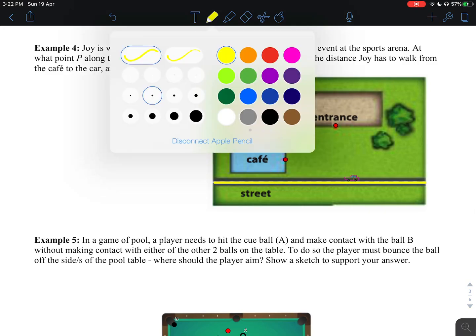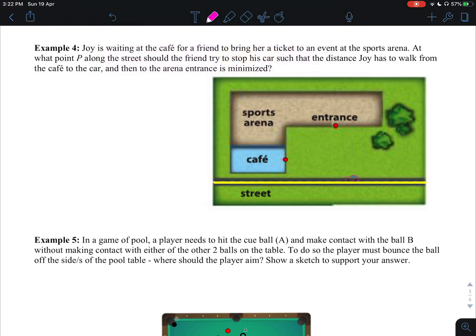I'm going to take the cafe point, and what I'm interested in doing is going from the cafe point to the road, and I want to reflect that point over the street line, so I'm going to copy my line segment over here and paste it on the other side. You, of course, should be using a straight edge in order to do this, to make sure your measurements are accurate.